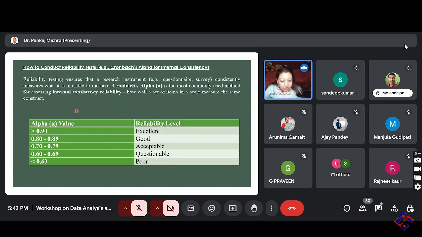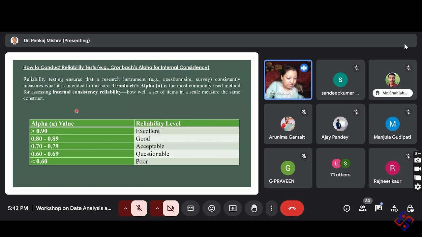Now Cronbach alpha is the most popular method that we use for the reliability of the test. There is a manual calculation, but we are not going for the manual calculation because we will do everything with the help of SPSS. Now these are the parameters: which one is excellent reliability, good, acceptable, questionable.